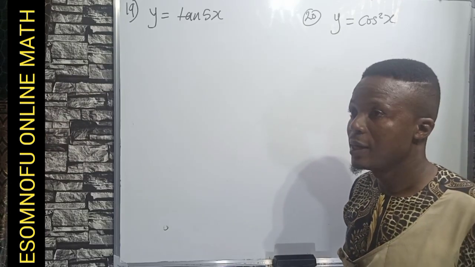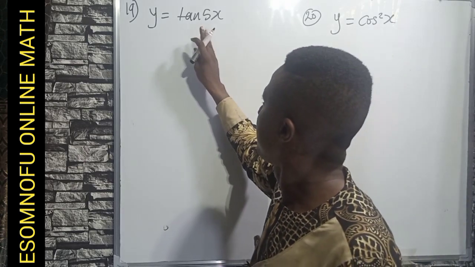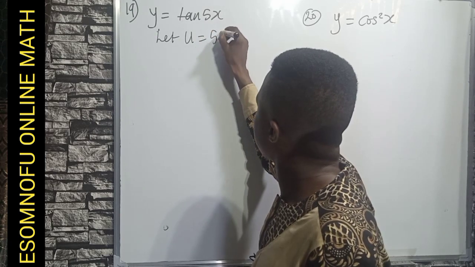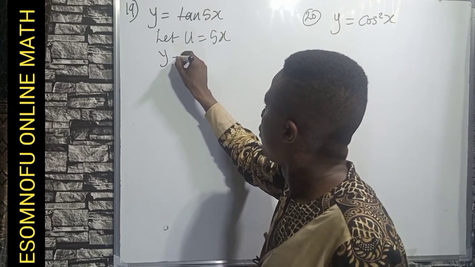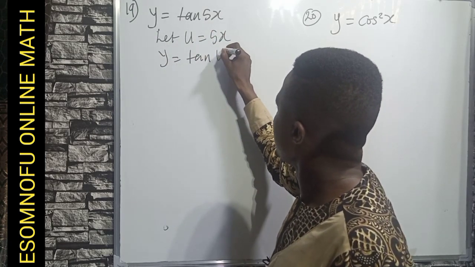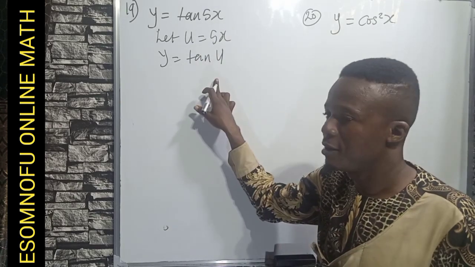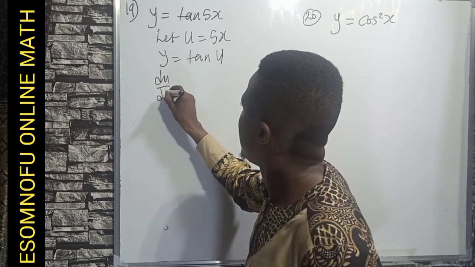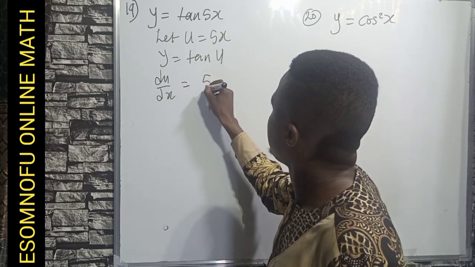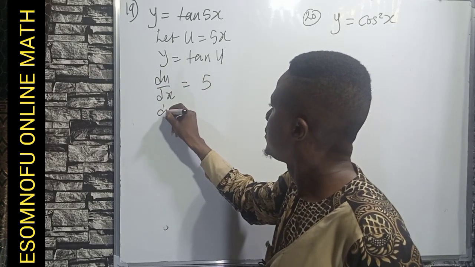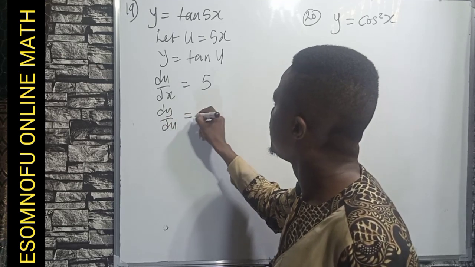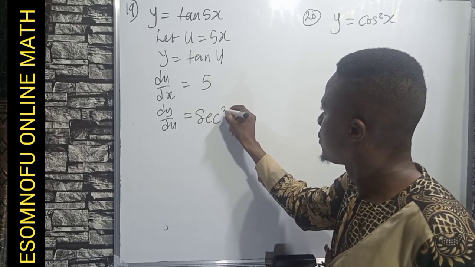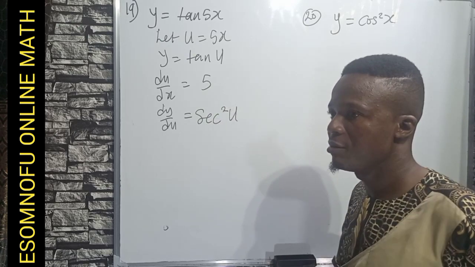Okay, in question number 19, we have that y is equal to tan 5x. So you can say let u be equal to 5x, which implies that y is equal to tan u, because u has been represented with 5x. So you take du dx. Du dx will now be 5 when I differentiate this. Also, dy du will give us, if I differentiate tan u, sec squared u from the basic derivative.